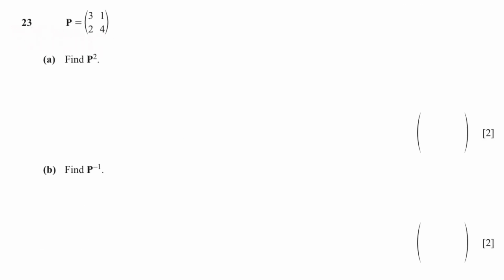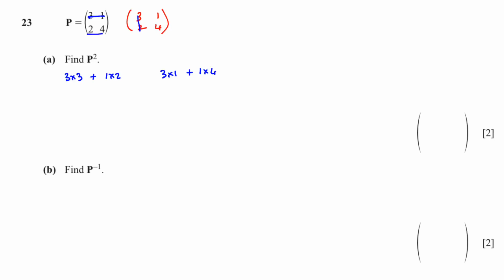Question number 23. This is a matrix question. Find p square. It means p times p. So 3, 2, 1, 4. First we do this row multiplied by this column. So 3 times 3 plus 1 times 2. Then from the first row with the second column, 3 times 1 plus 1 times 4.